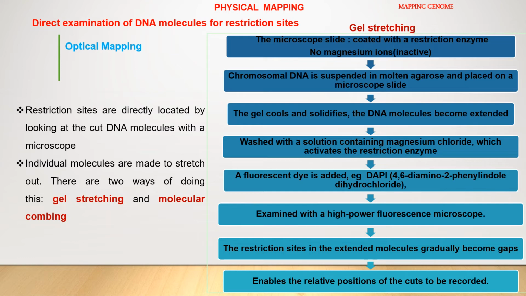The slides are then washed in magnesium chloride to activate the restriction enzyme and cleave at restriction sites. A fluorescent dye is added for visualization. When these slides are examined under a high-power fluorescent microscope, the restriction sites appear as gaps on the chromosome. This enables the relative positions of cuts to be recorded.